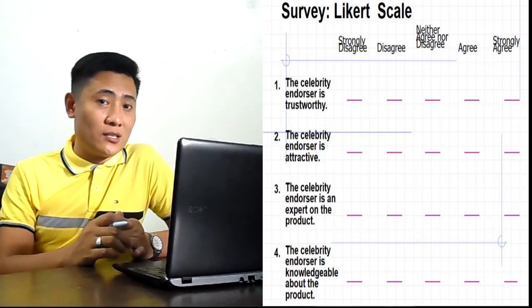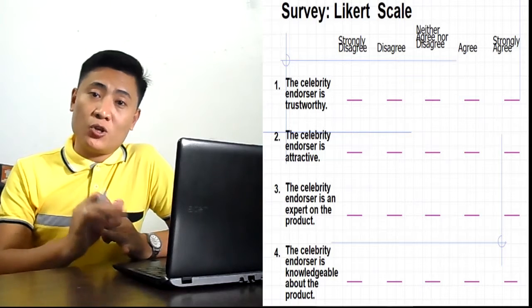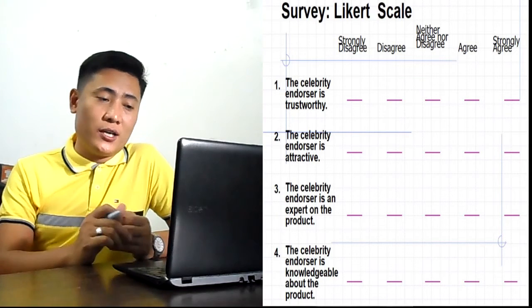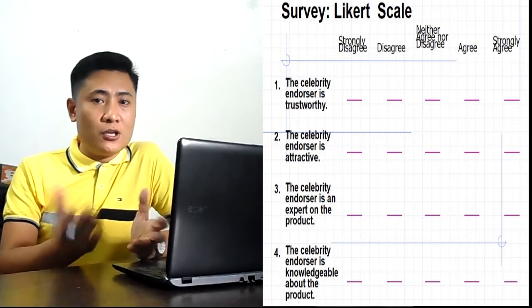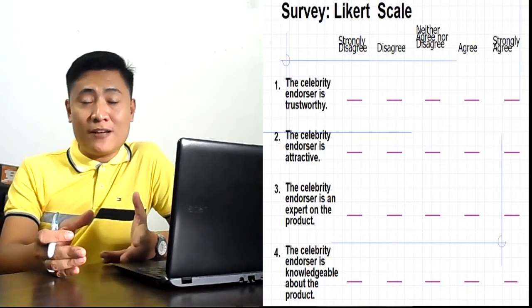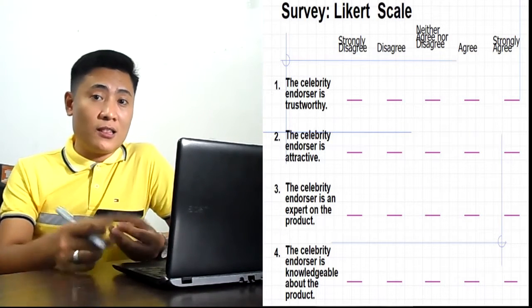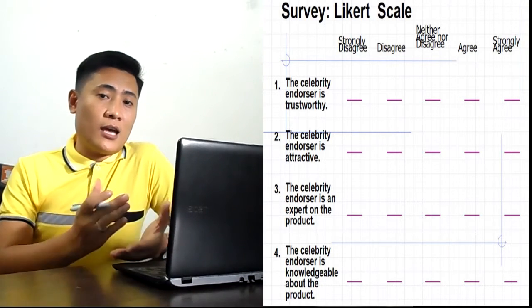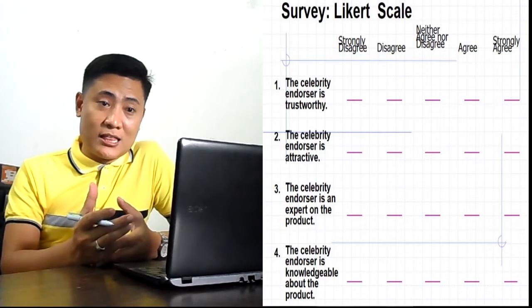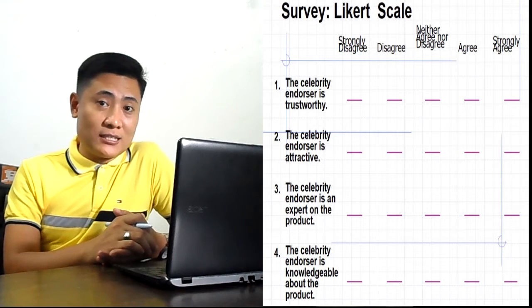Those are the things that you can consider in doing the face validation. And of course, after you do the face validation, you can have the content validation. You can ask your co-teachers who are of the same field as yours to check the content. So that's about the multiple choice type of test.